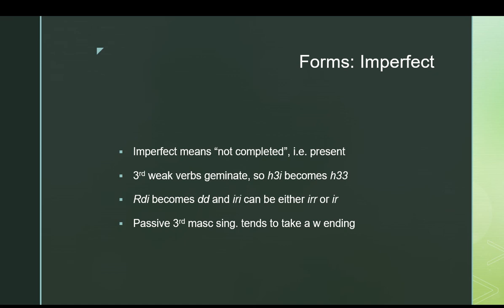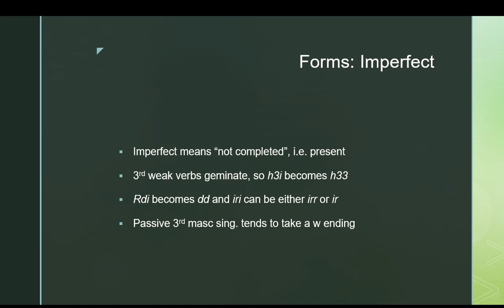The passive especially, but frankly also the active, so it's not a great guide, tends to take a W ending. This is something that's true of a lot of forms of the participle.